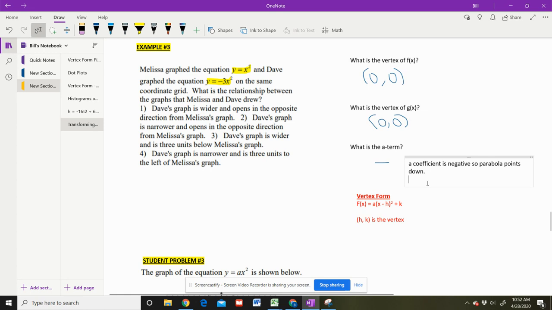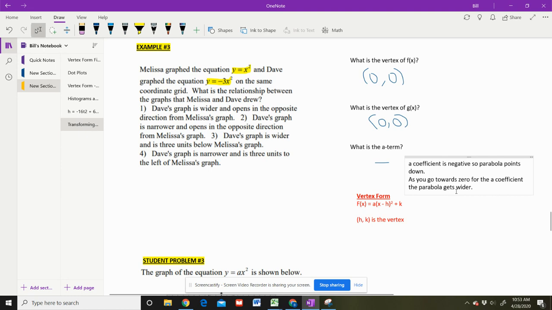And then the second thing that we have to remember is, as you go towards 0 for the a coefficient, the parabola gets wider.